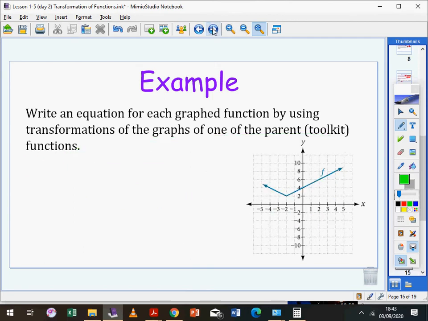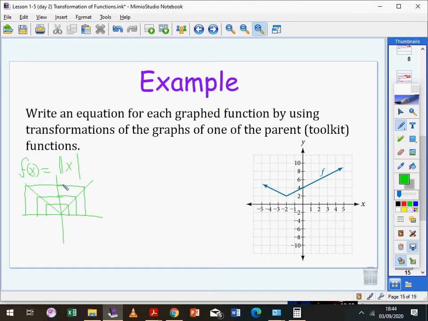This one, I hope you can tell that its parent or grandparent is the absolute value function, absolute value of x, which looks like this. And I hope you also remember that that parent graph had a slope of 1: 1 to 1, 2 to 2, 3 to 3, negative 1, 1, negative 2, 2, negative 3, 3, and so on.